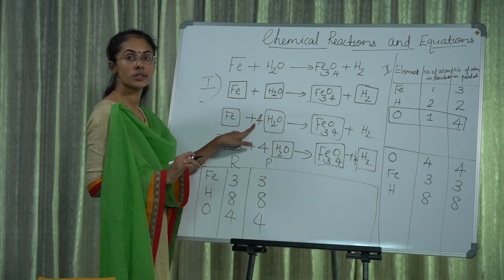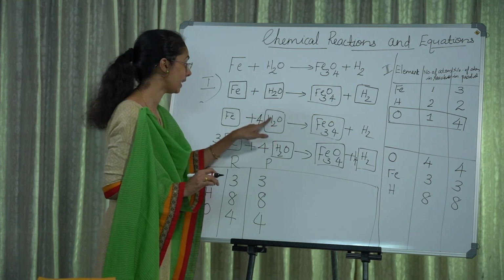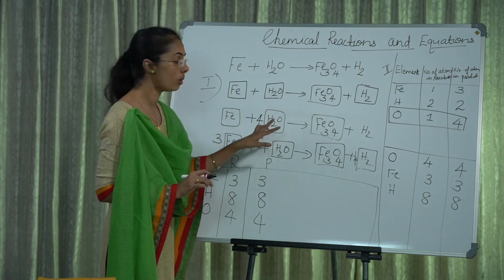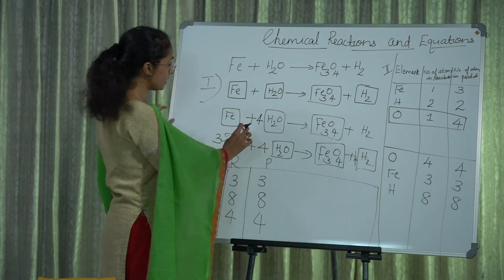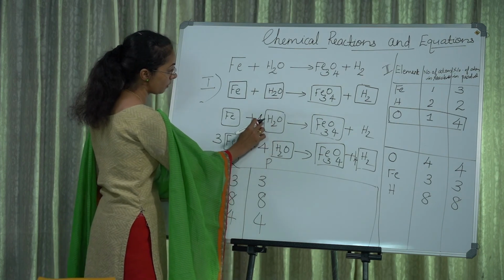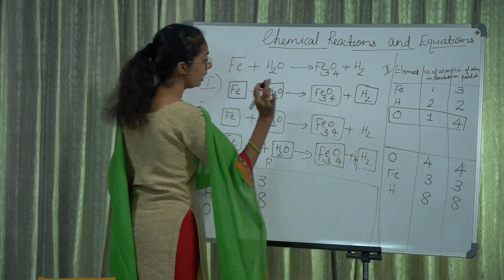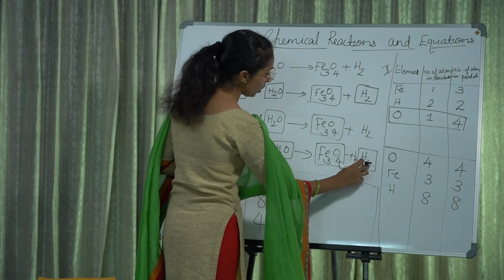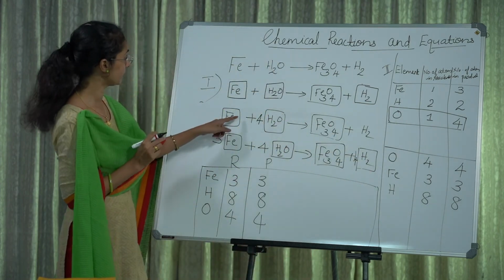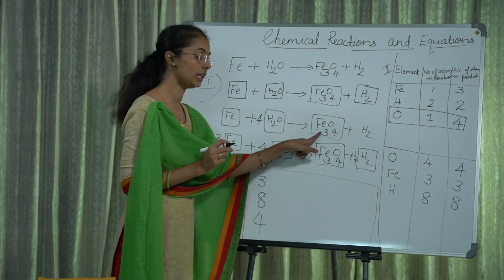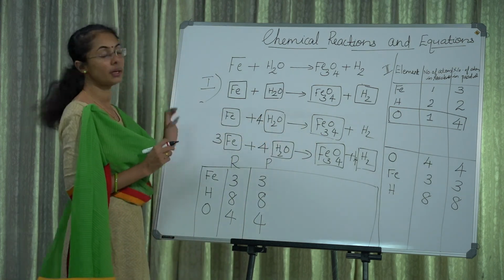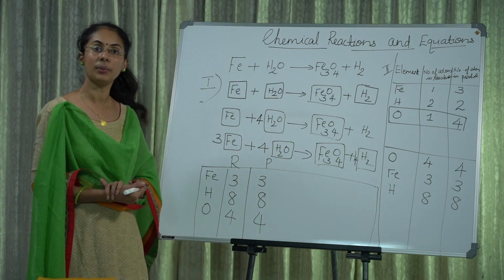So here also you add 4, then 4 H2O means that 4 is common for H2 and O. So 4 H2O, 4 into 2, 8 hydrogen atoms. On this side also 8 hydrogen atoms, so 4 H2. Then Fe, 3 Fe, here also 3. In this method we can balance one chemical equation.